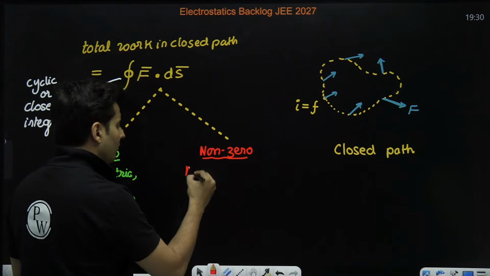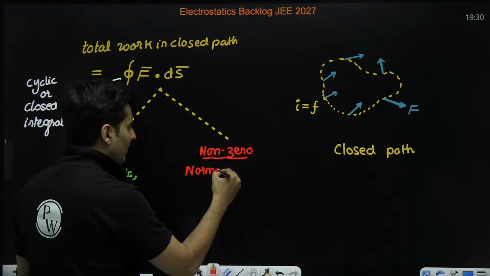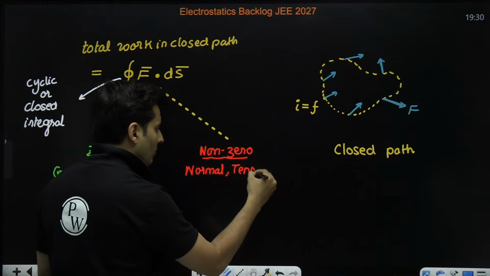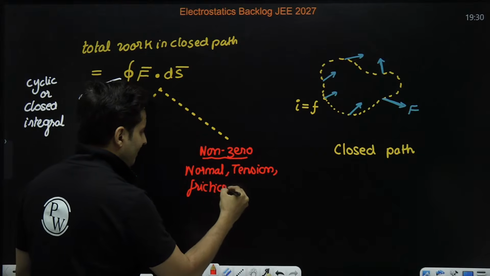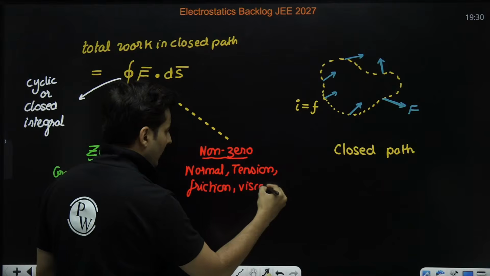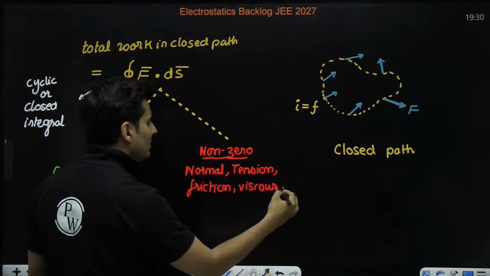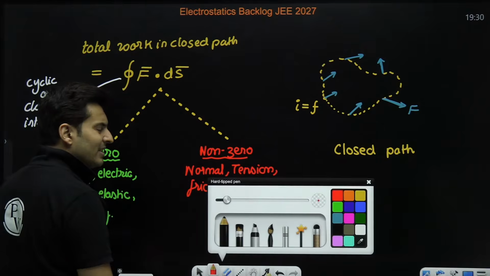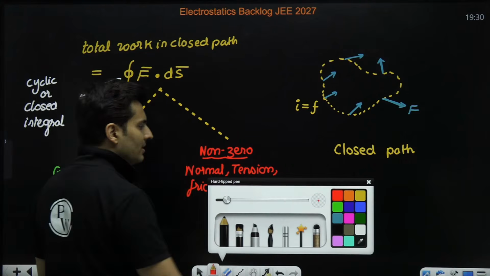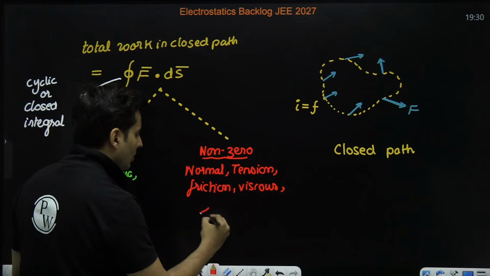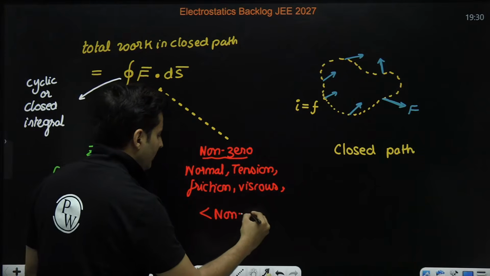Non-zero values come for forces like normal, tension, friction, and the viscous force which comes in liquids. All these are basically forces which give you a non-zero value of this integral, and that's why they are called non-conservative.